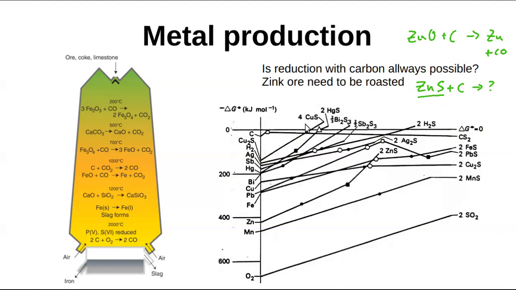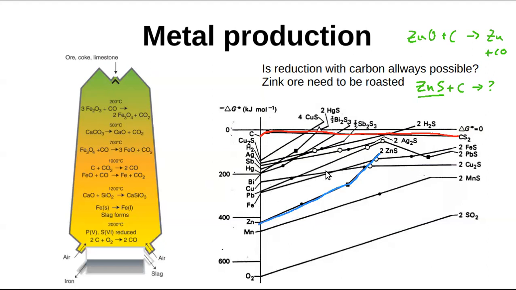But if you look at the formation of carbon sulfide, it's this line. And it's not very negative, it's hardly stable, at least compared to zinc sulfide, and most other sulfides also.